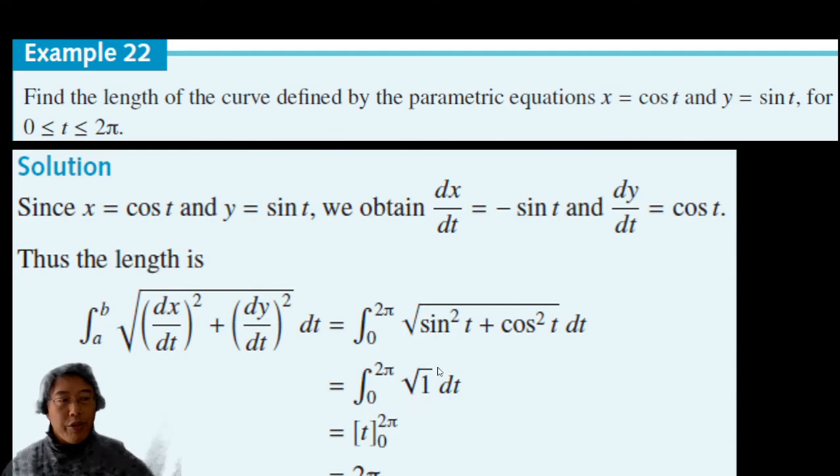We square root that, still going to be 1. The antiderivative of 1 in terms of t is going to be a linear function t, okay, from 0 to 2 pi, so that will give you 2 pi minus 0, which simplifies to 2 pi. And that will be the length along a circle after a full complete revolution.